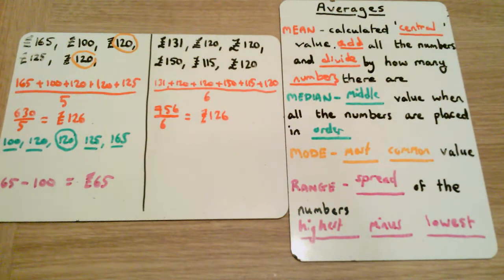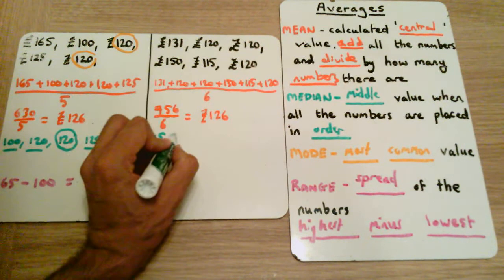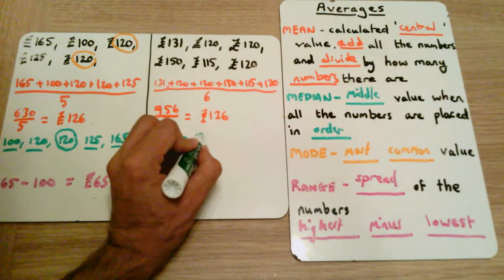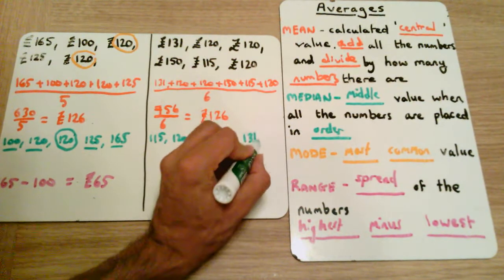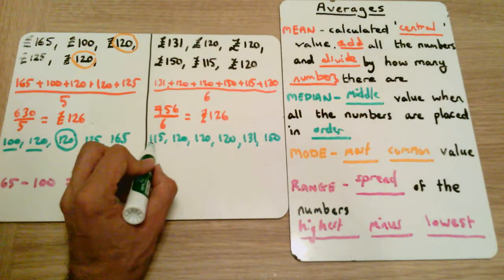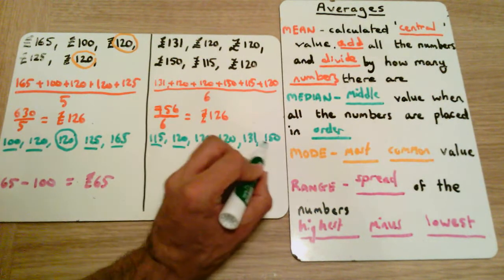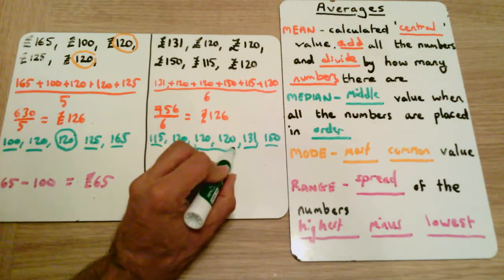Now let's see what happens with the median. Let's see if the median value is similar at all. So if we work this out, the lowest is 115, then 120, 120, 120 again, 131 and 150. Well, the median going from each side, we end up with 2 values, 120 and 120.